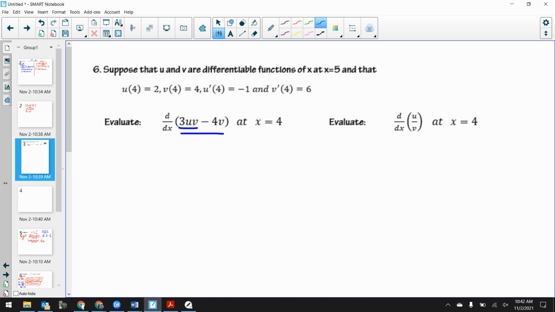So in u's and v's, this is going to be 3, and that 3 is a constant, isn't it? 3 times u prime v plus v prime u, and I've got to make my v's really pointy so they don't turn into u's. Then minus 4 v prime.